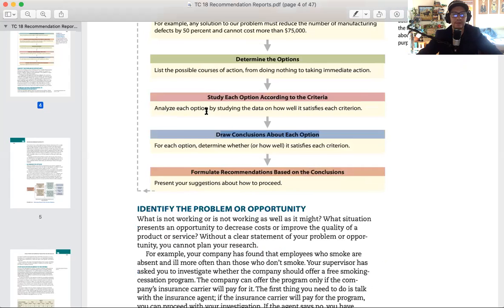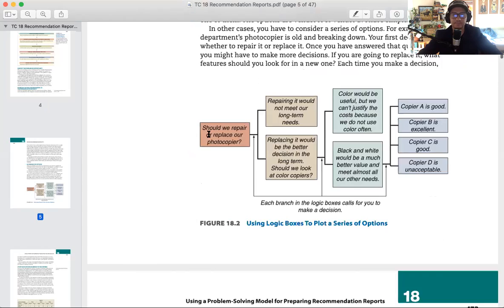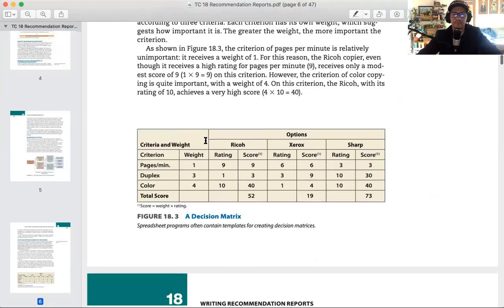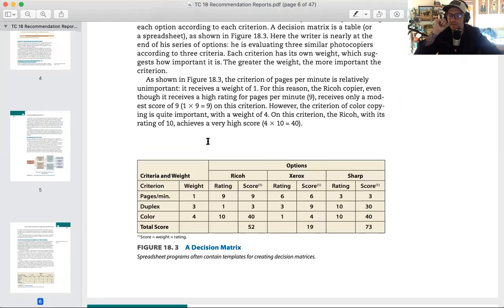Okay. So the example that they use here is a printer. In this instance, the problem is that their current printer broke, and they need one for their office, right?